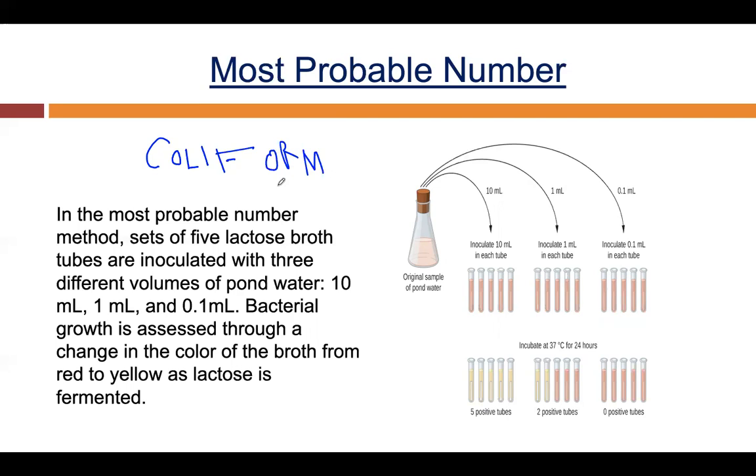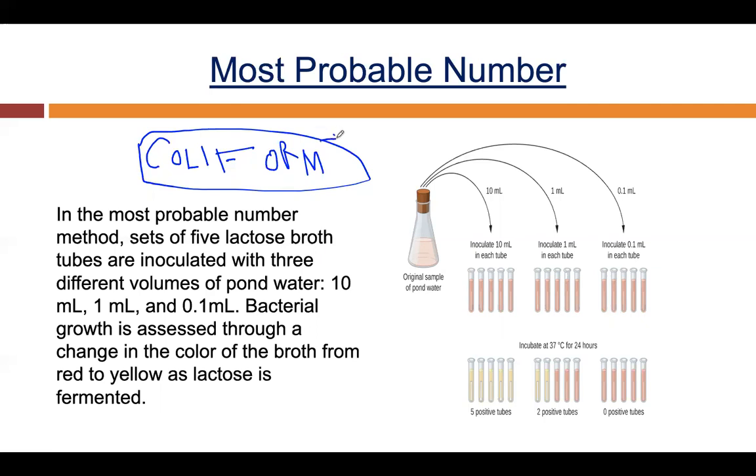The presence of coliform inside drinking water or any water represents the infection, and that infection actually comes from the sewage system or from animal excreta, you can say.